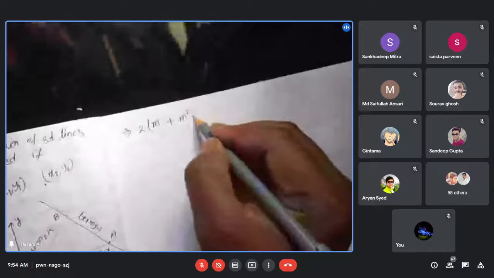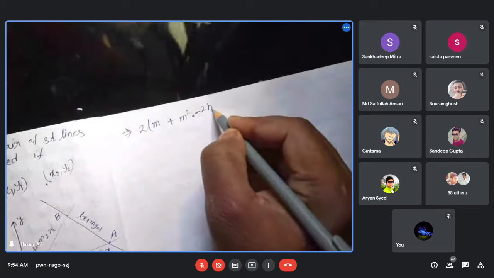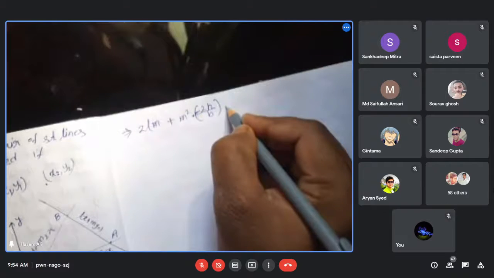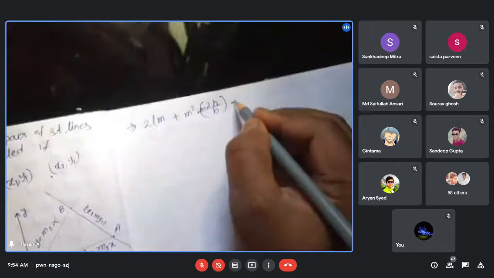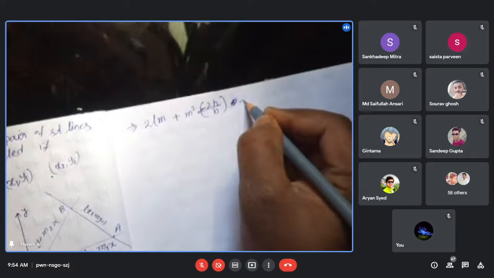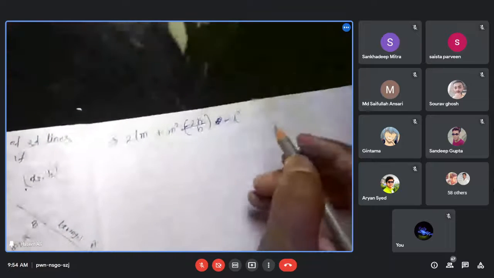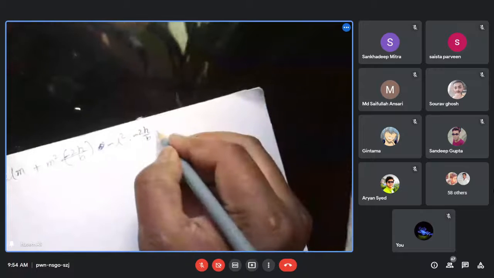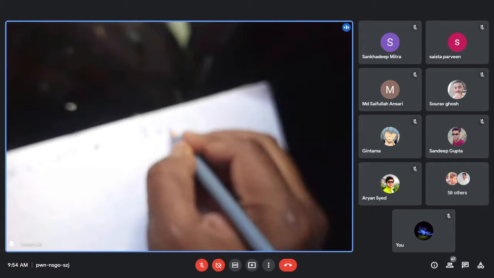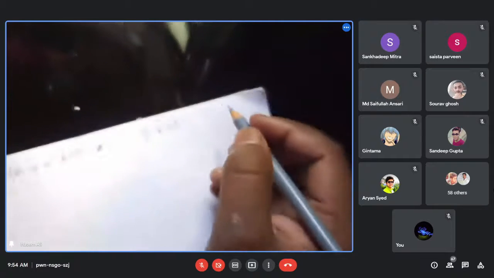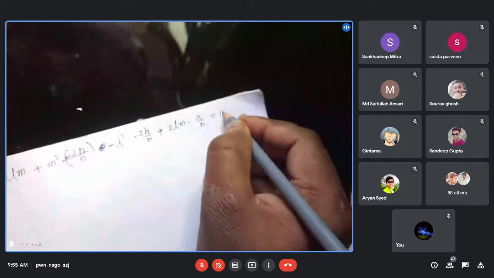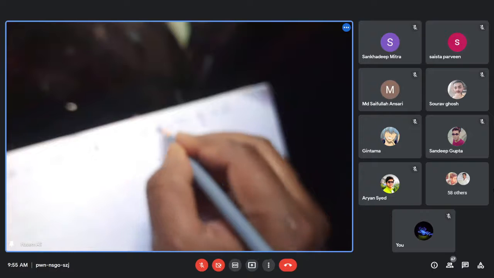M1 plus m2 means minus 2h by b. Then plus this L minus L square into minus 2h by b plus 2L m into a by b. This is equal to 0. No, this is minus.